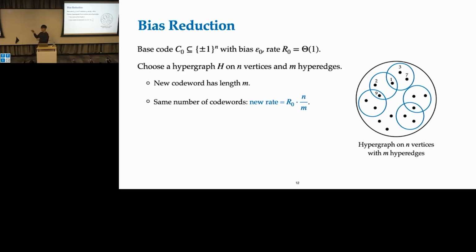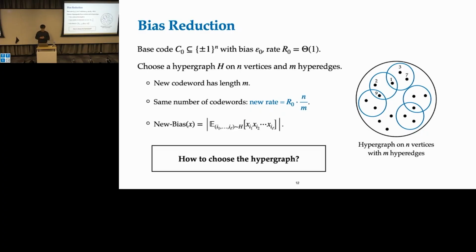So the number of message bits stays the same, but the new rate will be R0 times n over m, because we're enlarging the codeword from length n to length m. And the new bias, we can write it in terms of the expectation over the hyperedges and then the product of the entries. Okay, any questions? So of course, now the question is, how do we choose this hypergraph?